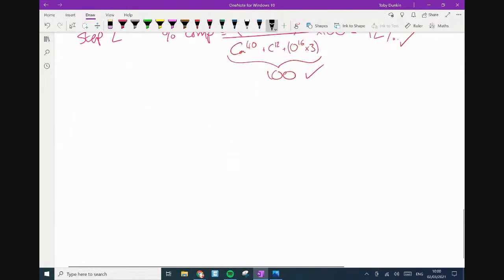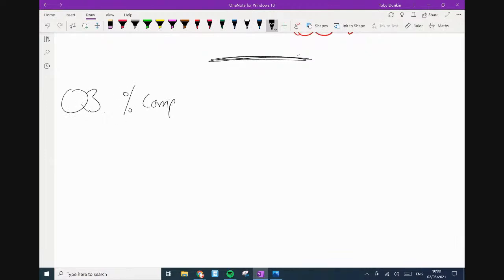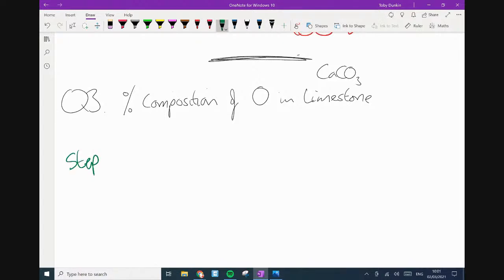Let's now run it for oxygen. So question number 3. Percentage composition of oxygen in limestone. So limestone, once again, CaCO3. Step number 1 in green. Step 1, write down my equation.